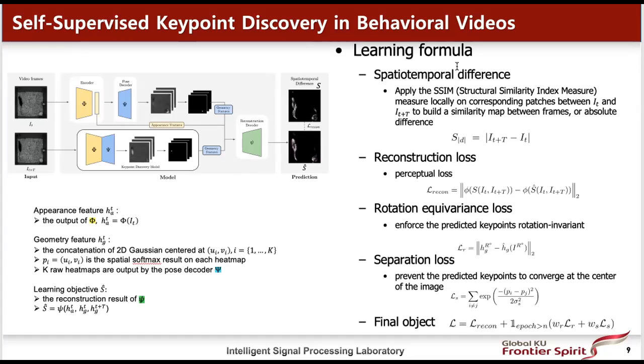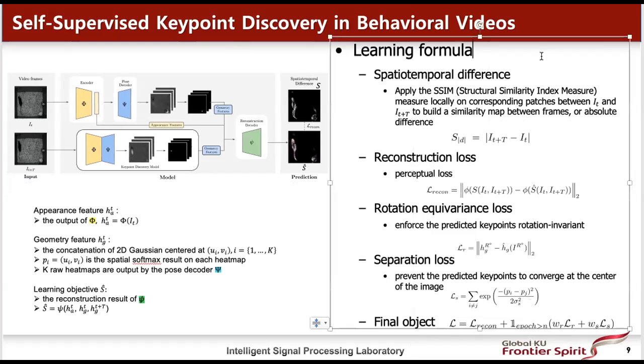Here is the final learning objective, a combination of different loss functions. The first term is the reconstruction loss. It is calculated from the spatial temporal difference.